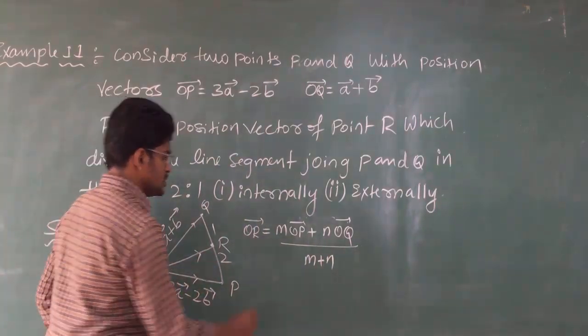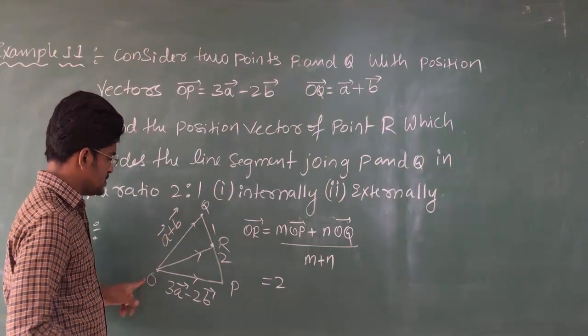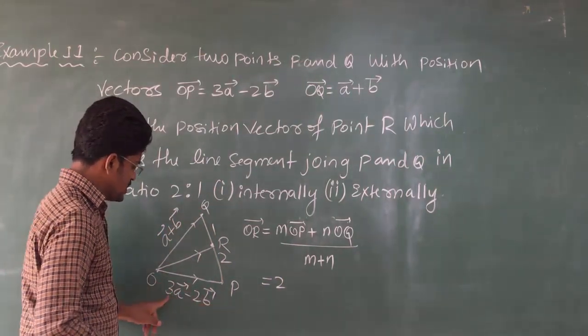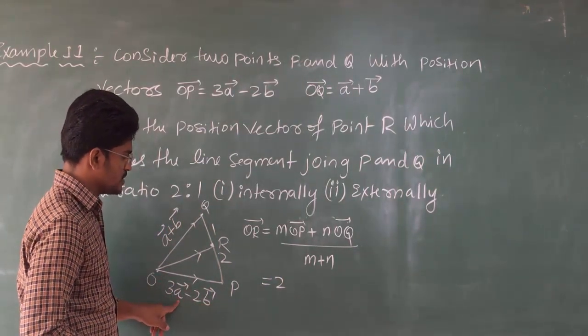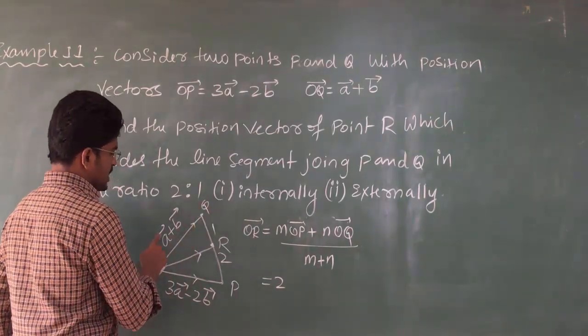M value is 2, OP value is 3 times vector A minus 2 times vector B, and OQ value is vector A plus vector B.